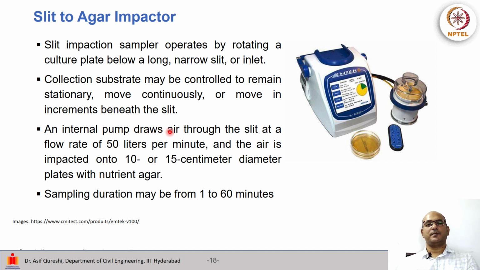An internal pump draws air to the slit at generally a flow rate of 50 liters per minute. The air is impacted onto 10 to 15 centimeter diameter plates with a nutrient agar. So this is our nutrient agar plate with the nutrient agar, which is kept here.